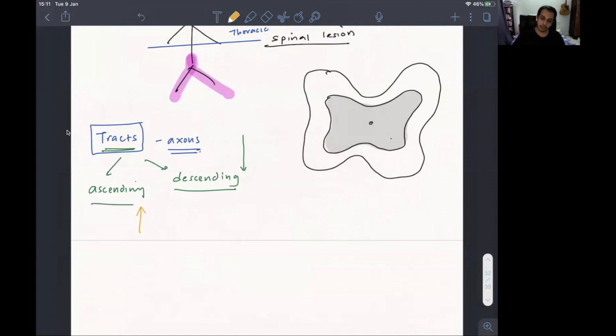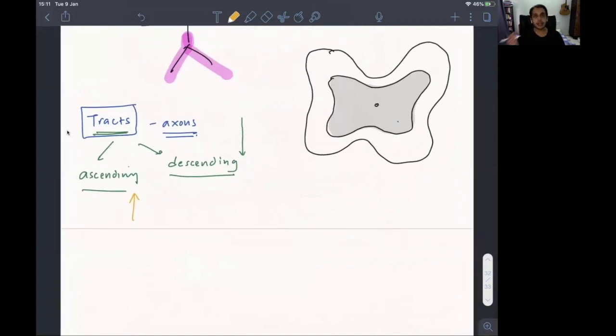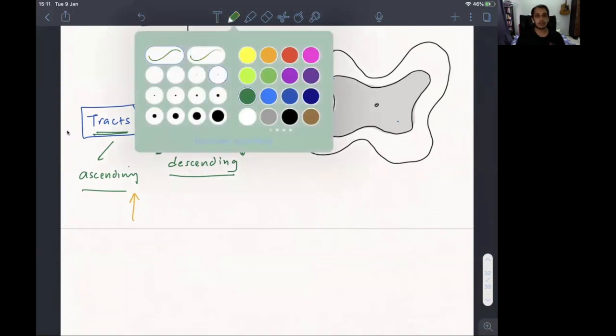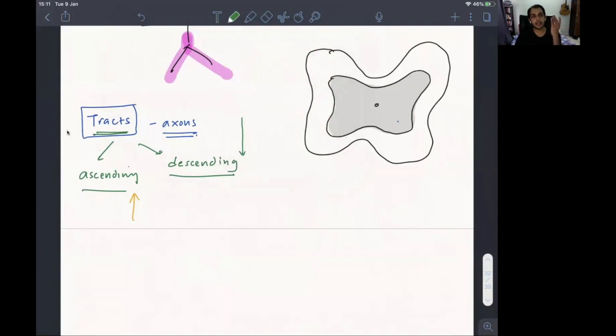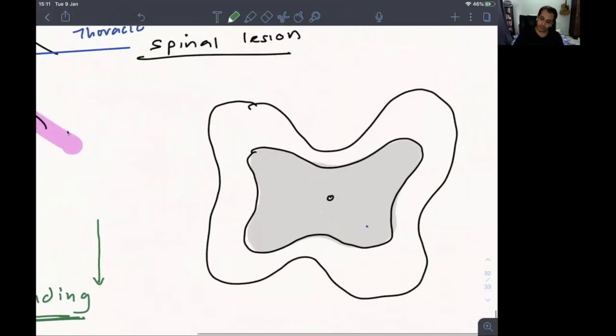Okay, so a motor tract will be a descending tract, because when we want to move something, that impulse comes from the brain down to the limb. So the motor tract is a descending tract, and the main motor tract is your corticospinal tract.